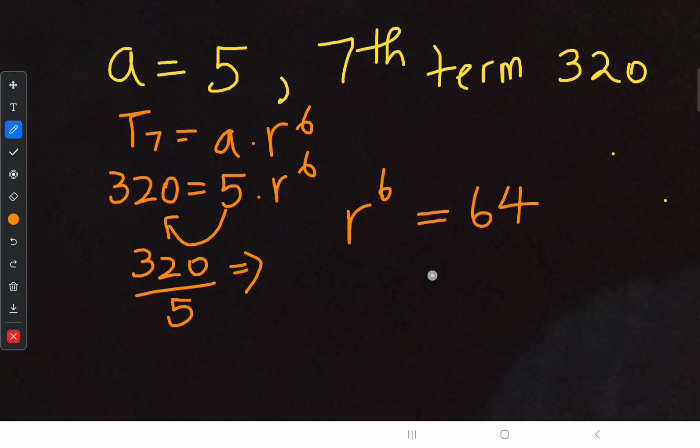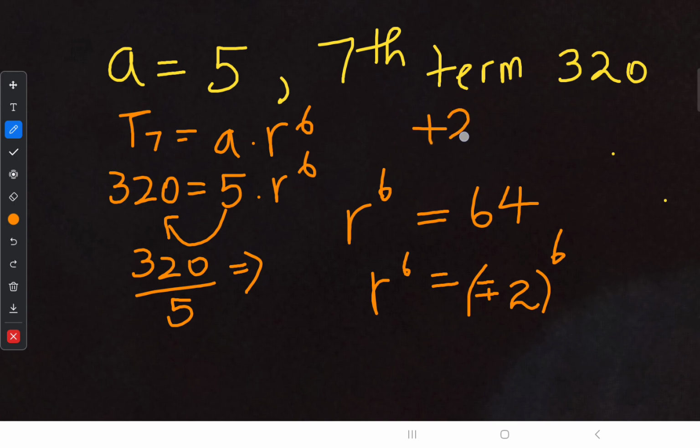It should be plus or minus 2 to the power of 6, that will give you 64. If the power is an even number, you have to think about both positive and negative integers. In this case both are possible.